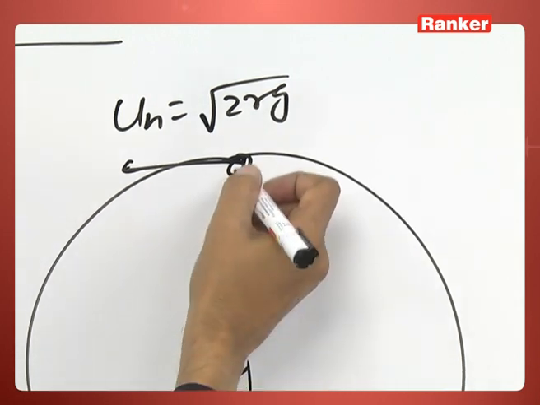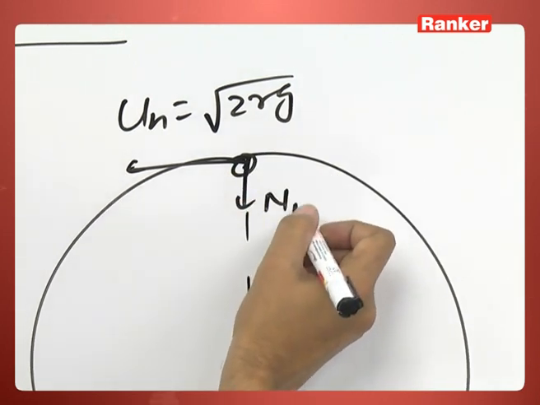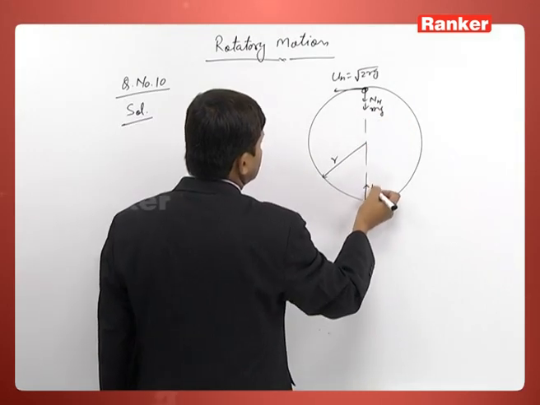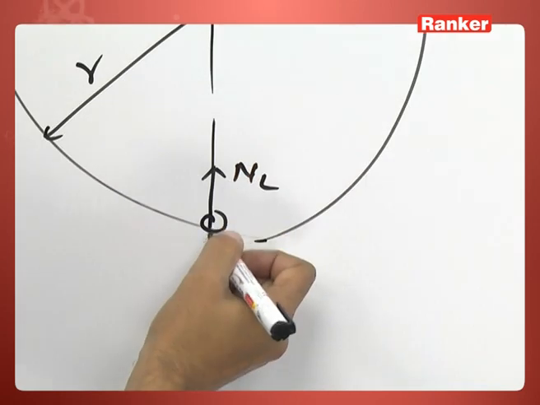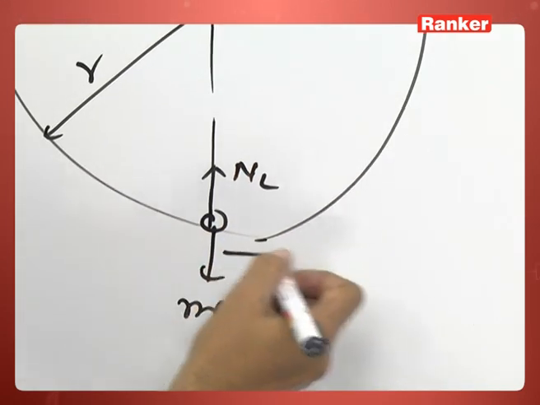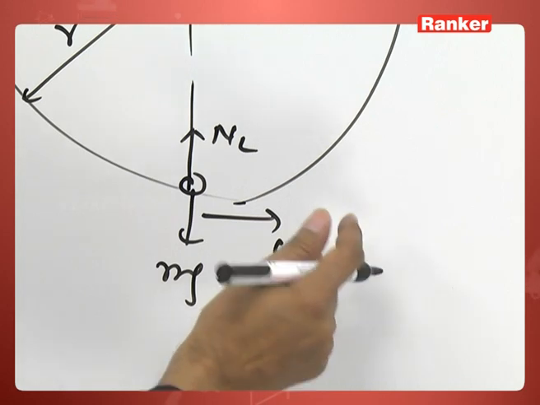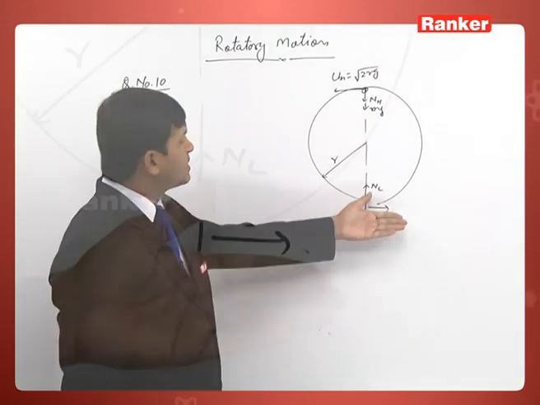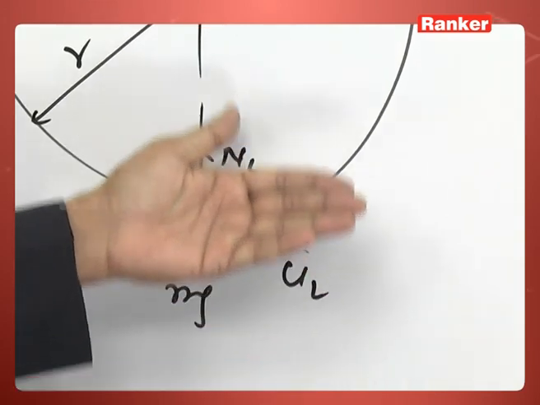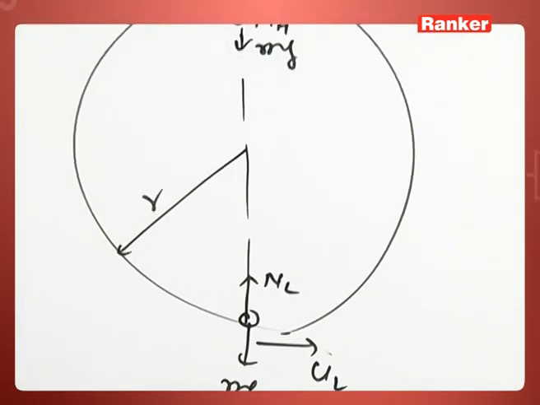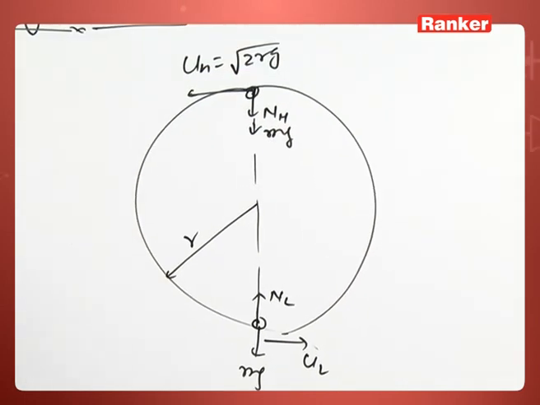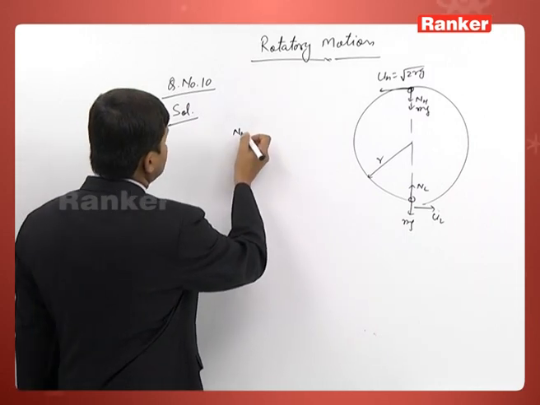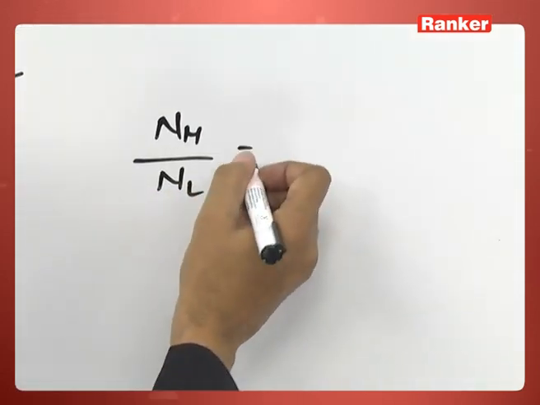They are asking the ratio of normal reaction at the lowest and highest point. Let the velocity at the lowest point be UL, the reaction at the lowest point NL, and this NH. They are asking the ratio of the normal reaction at the highest to the lowest, NH by NL.